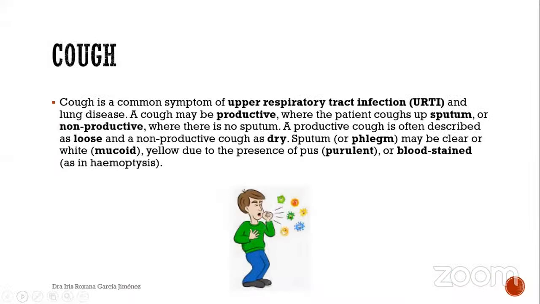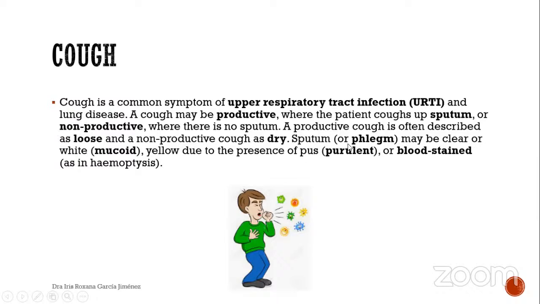Cough, of course, is a common symptom of an URT and a lung disease. A cough may be productive, where the patient coughs up sputum, or non-productive, where there is no sputum. A productive cough is often described as loose, and a non-productive cough as dry.